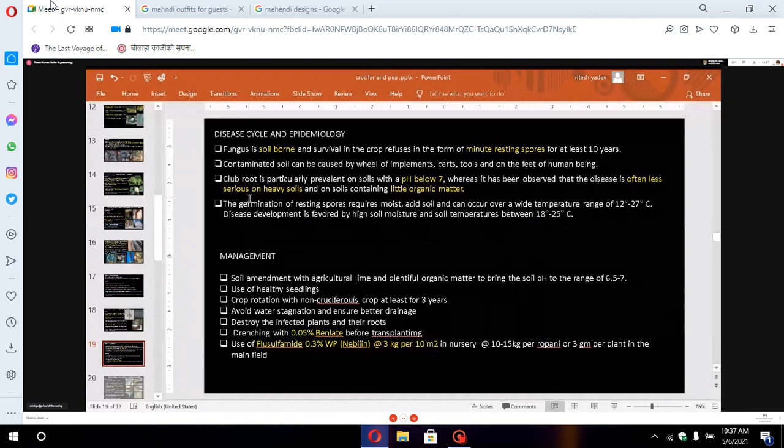Once it is established in the soil, this can be problematic for more than 20 years if crucifers are grown in that field. So it is favored by low soil temperature conditions, 12 to 27 degrees Celsius. Mid hills it is right there.